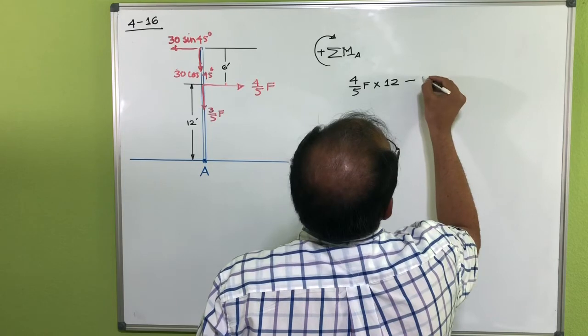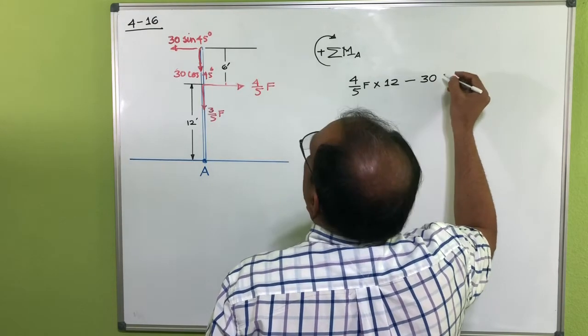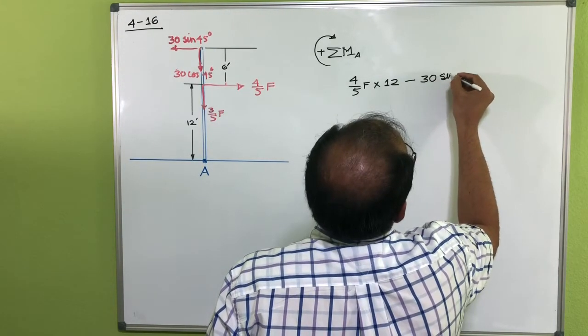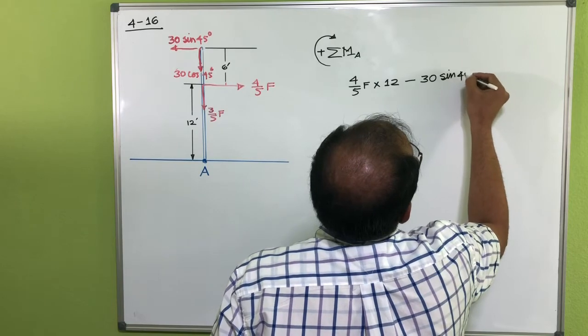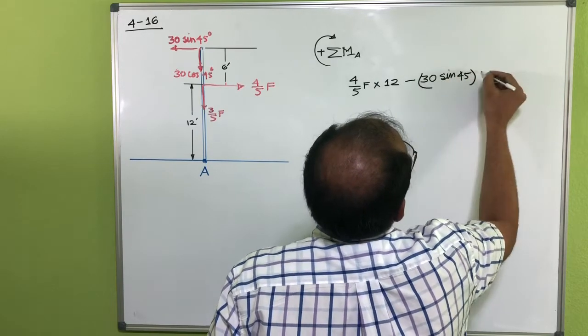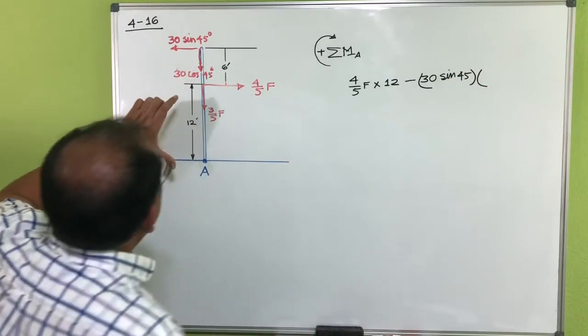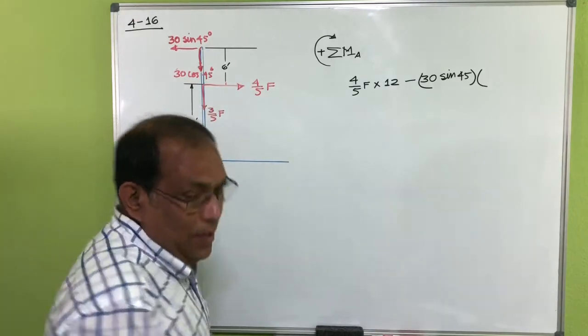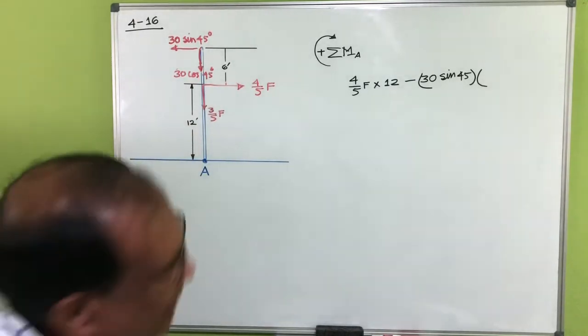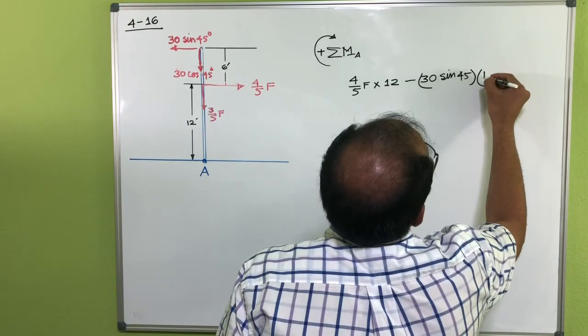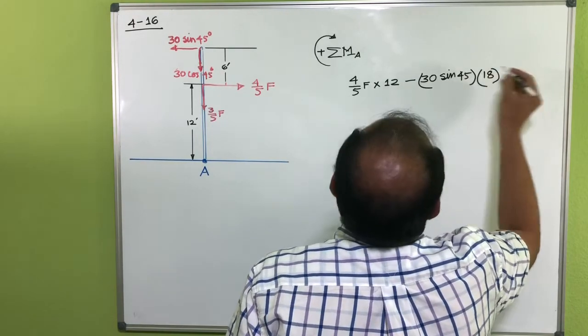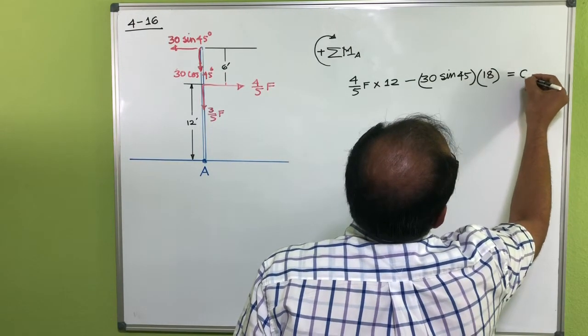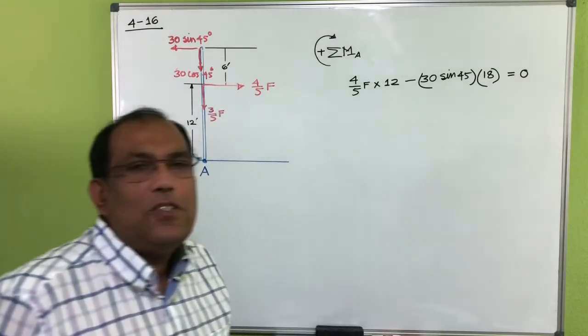So this one is 30 sine 45, and the distance from here to here is actually 12 plus 6, that's 18. And that has to be 0 because the resultant moment has to be 0.